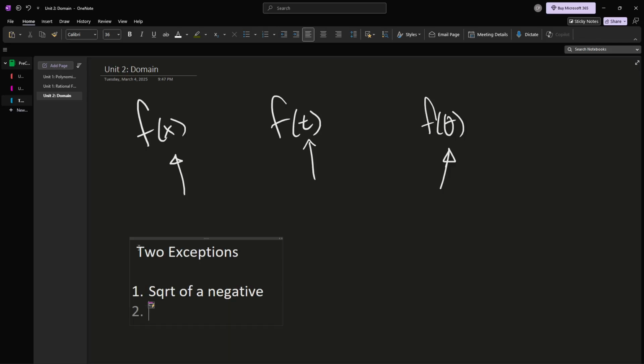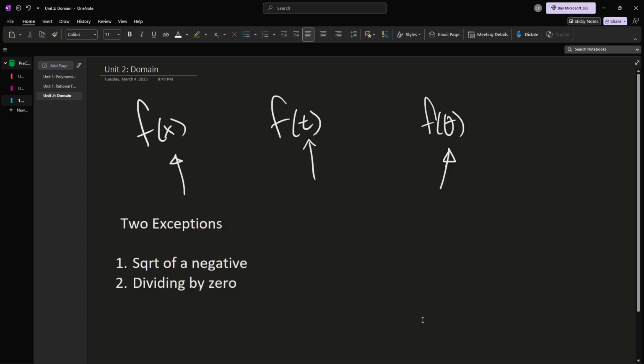And number two is dividing by 0. We just want to find out if this happens, and that restricts our domain. So let's start with the easier one, dividing by 0.